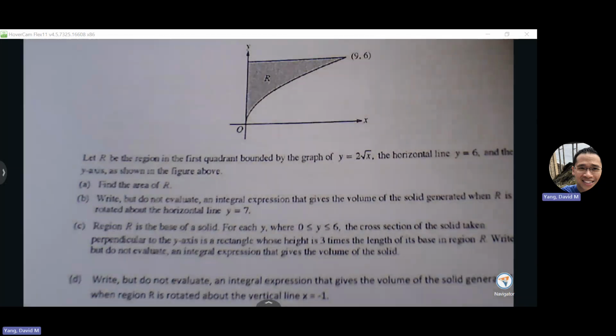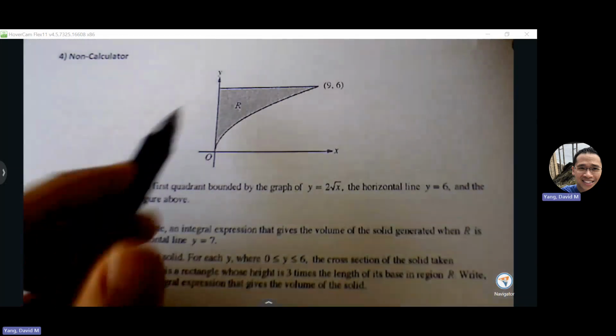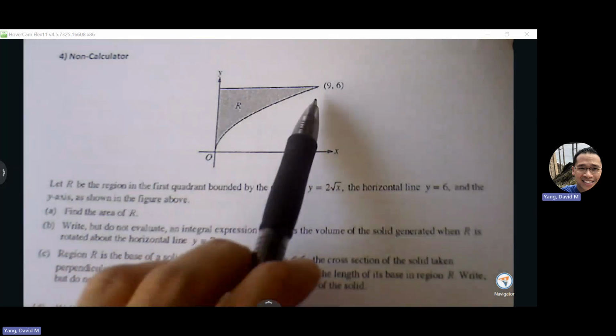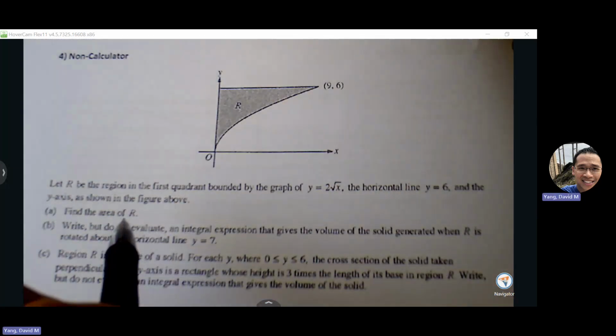Let R be the region in the first quadrant bounded by the graph y equals 2 root x, the horizontal line y equals 6. So here's y equals 6, here's y equals 2 root x. And find the area of R.